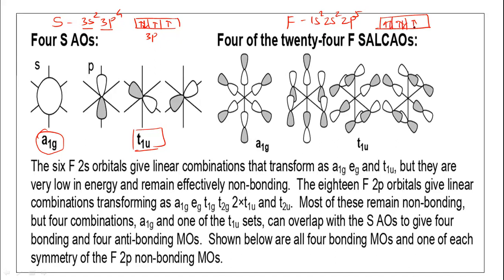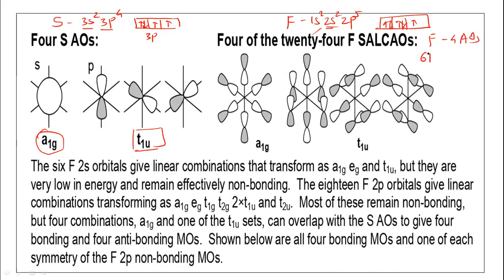One unpaired electron is here in the 2p orbitals, and this is the 2s orbital, which is completely filled. Each fluorine is now having 4 atomic orbitals: one s and 3 p orbitals.